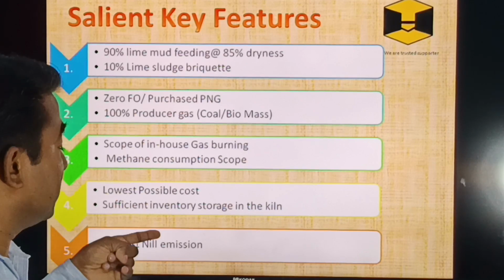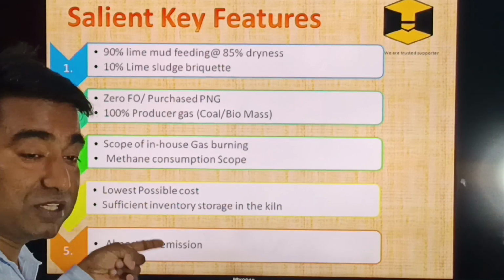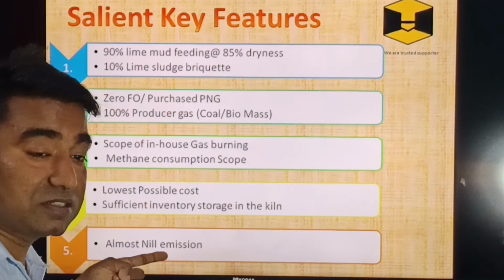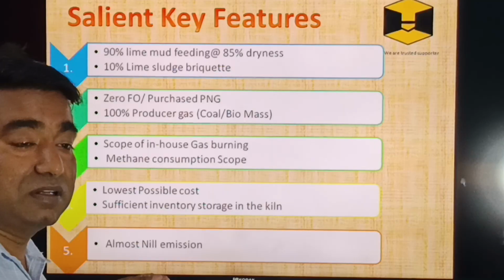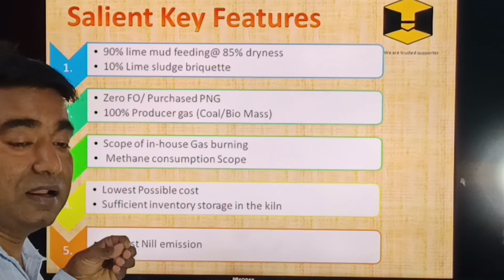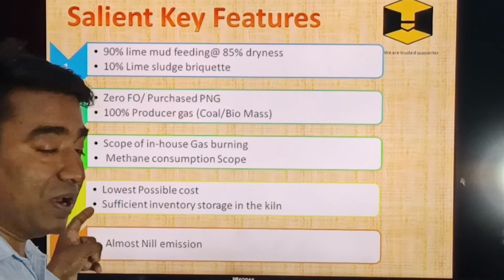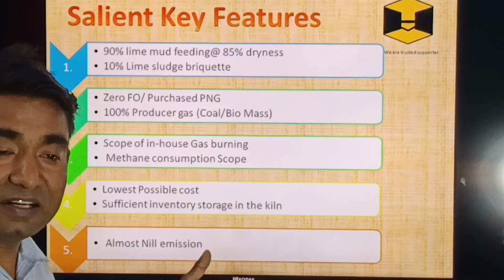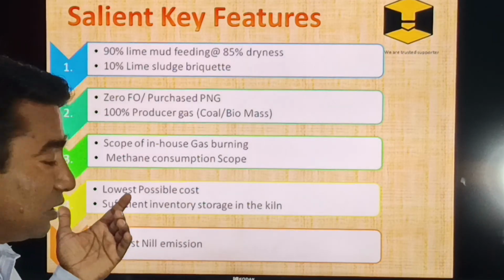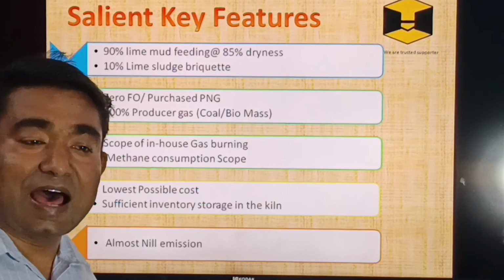So the lowest possible cost is possible only through this state-of-the-art vertical lime kiln, which is utilizing almost 90% lime sludge having dryness of more than 85%, and there is a sufficient inventory of lime.